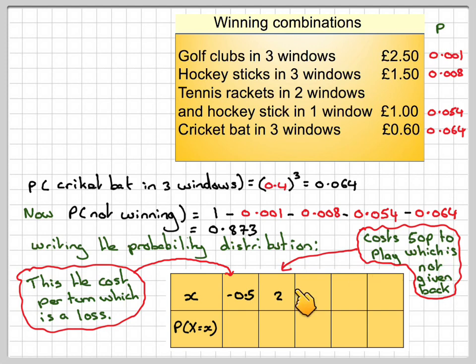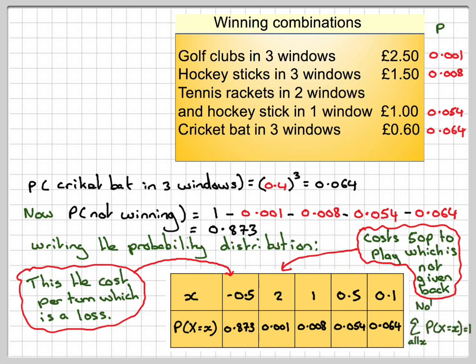If it is given back, then that needs to be £2.50. 1 for the same reason, 0.5 for the same reason, and 0.1. So putting in the probabilities, now we have our table. Notice the sum of all these probabilities is equal to 1.